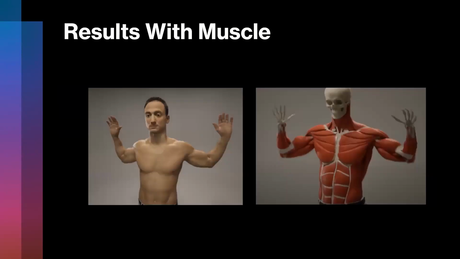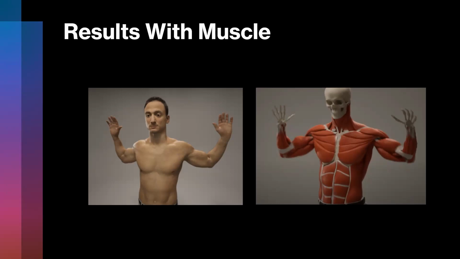And here's the results with muscle. The same thing here. You can see the bicep deformation here is really well done. You can see it here in this model. Everything's deformed and covered. This is an animated model. I can show a video as well if anybody's interested. I just put these static slides, but this is better seen obviously when you have the motion.